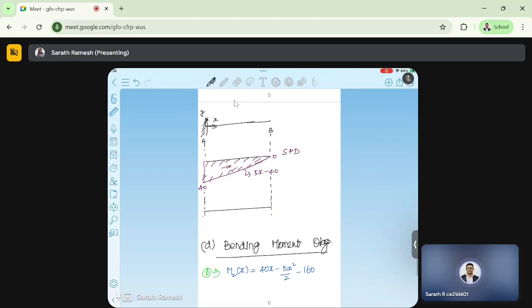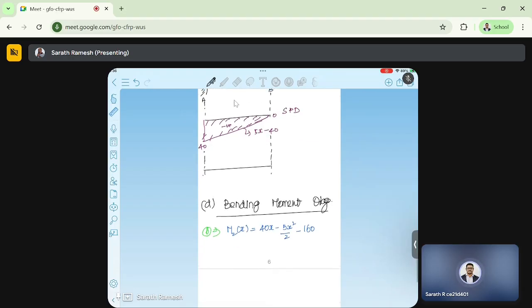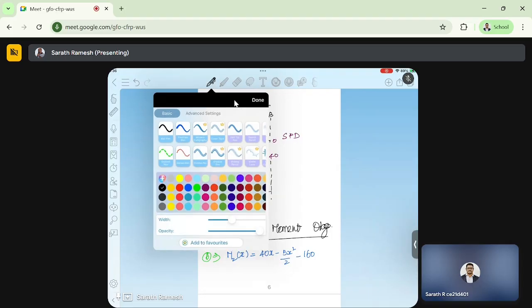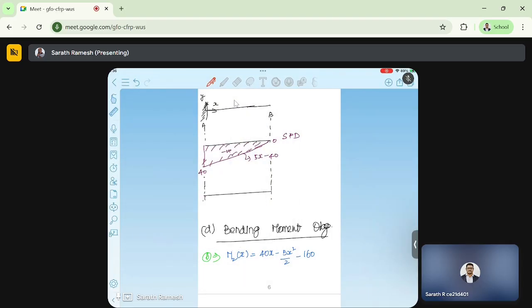At x equal to 0, the value is minus 160, and at x equal to 8, it is 0. The curve is a quadratic curve.